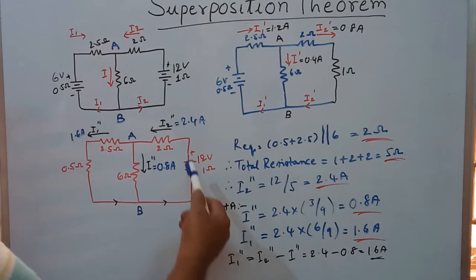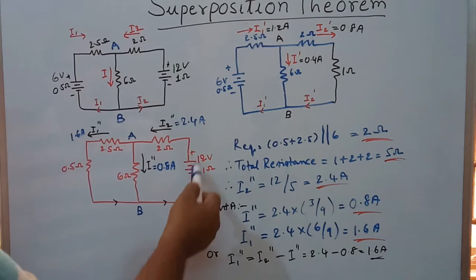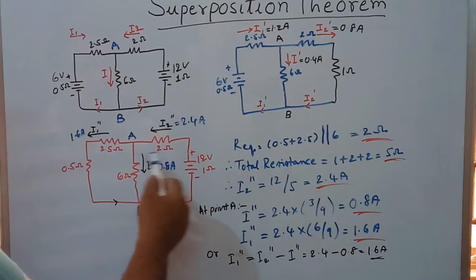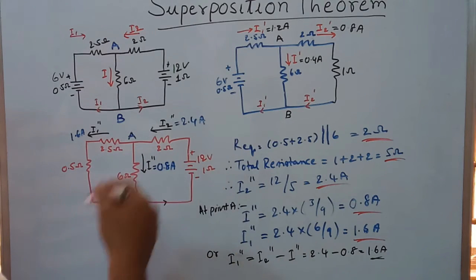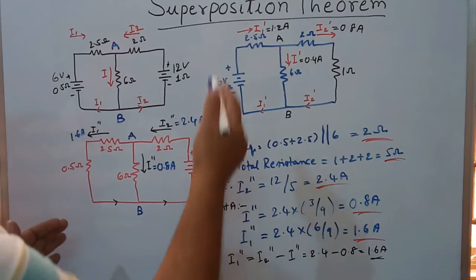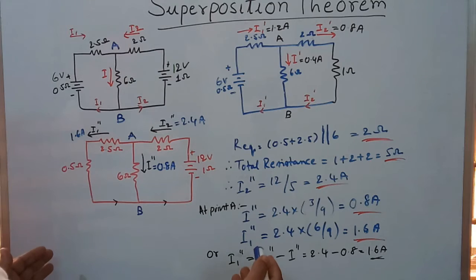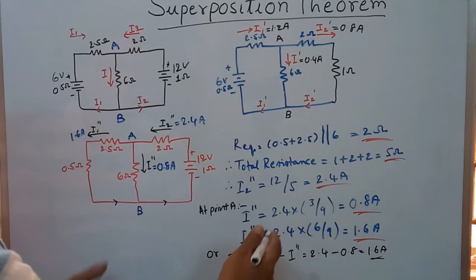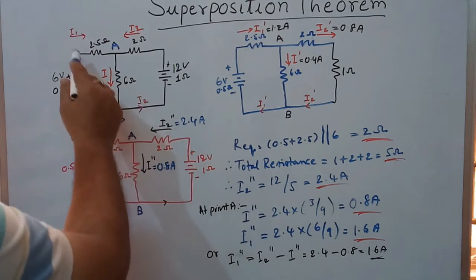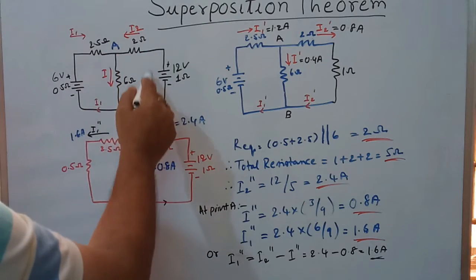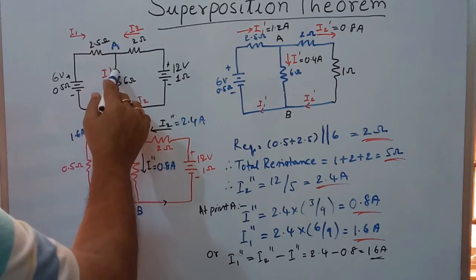This is how we have calculated the currents when a 12 volt battery is alone acting on this network. Now, as per the superposition theorem, the superimposing of these currents will be the resultant currents on the network.